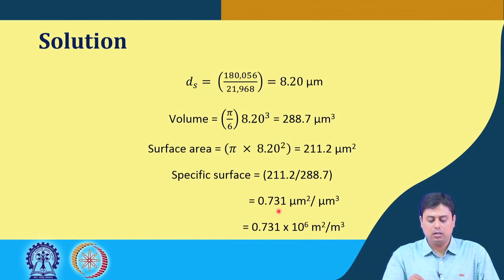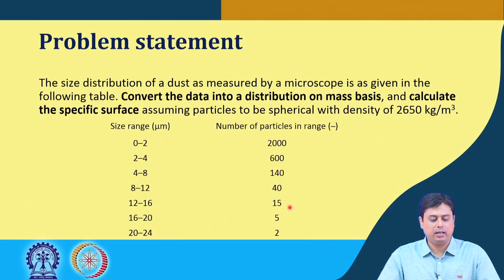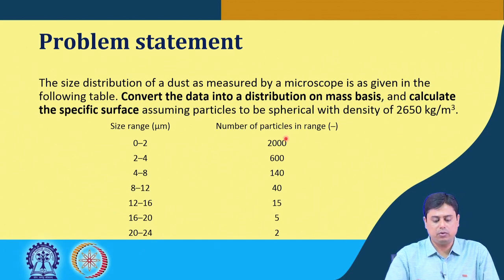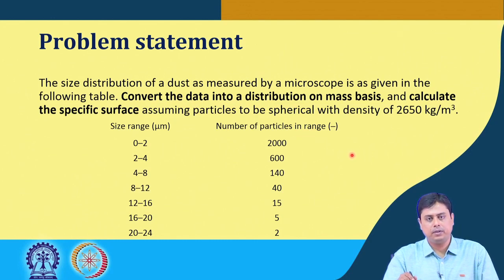From this problem, what we have learned, let me again go back to the problem and go through it step by step. The problem was given as the size range and number distribution. The task was to convert this to mass distribution.